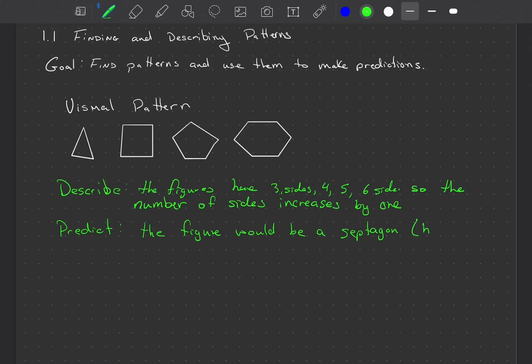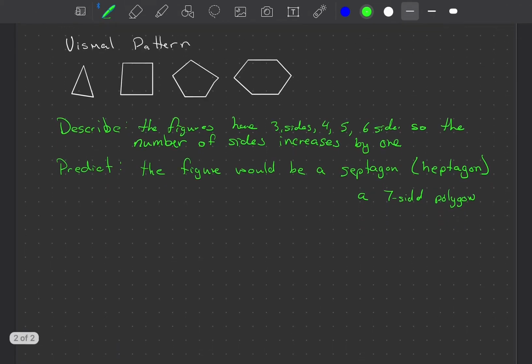More common is called a heptagon, which is a 7-sided polygon. Okay, so we are using words here. So with a visual pattern, we went from triangle to square to pentagon to hexagon, finally to heptagon.